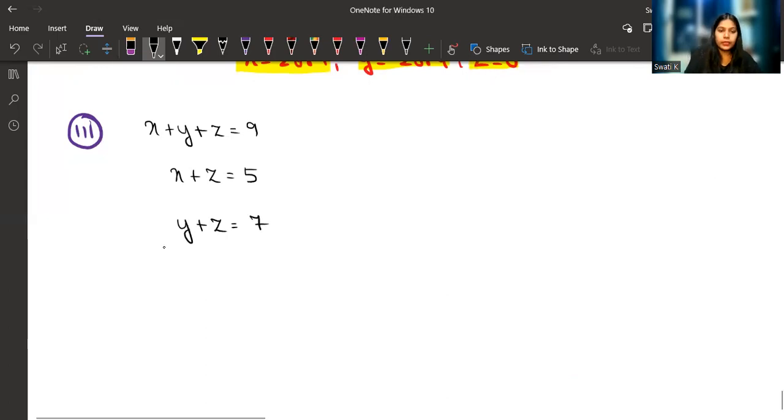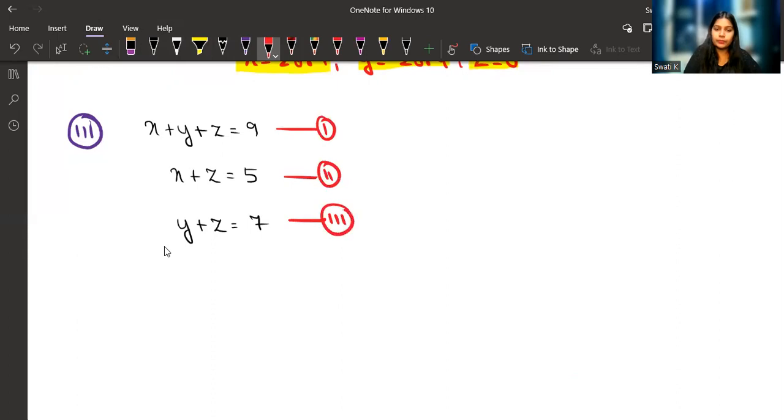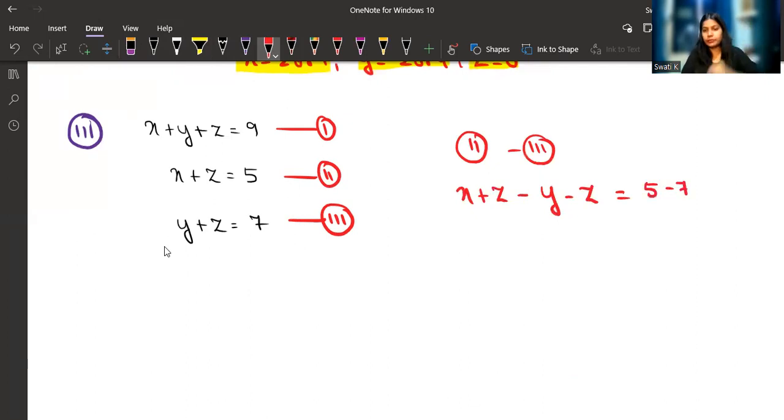Okay, so I'm just going to simplify this by calling this equation 1, this equation 2, and this equation 3. If I subtract 2 and 3, this will become x plus z minus y minus z, right? And this will become 5 minus 7. Or I could have gone the other way around. But anyway, z minus z cancelled.